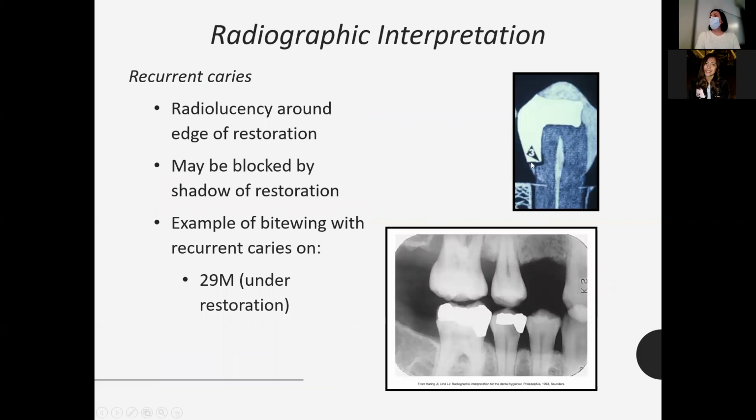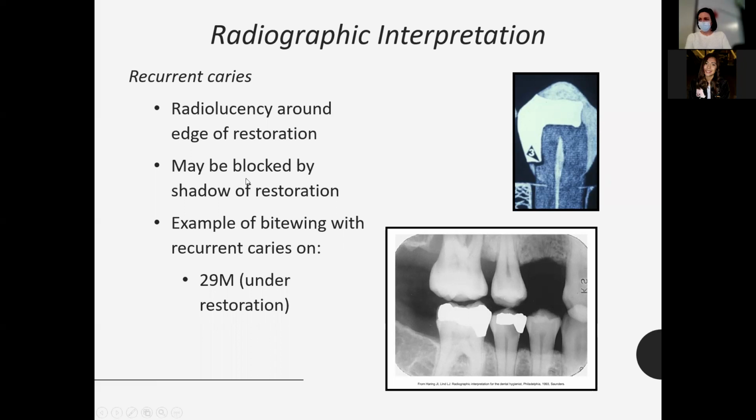Recurrent decay is going to happen underneath an existing filling. So here's a picture of it where it'll happen right underneath the margin. Here it is underneath this amalgam. So there's microleakage, and depending on the patient's habits and how well the tooth was put in there and a number of factors, that microleakage can let in bacteria and the decay can get bigger and bigger.